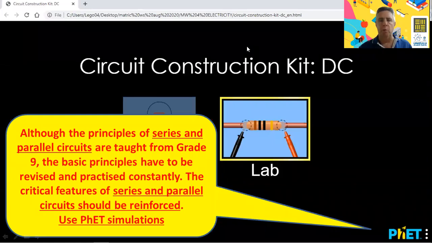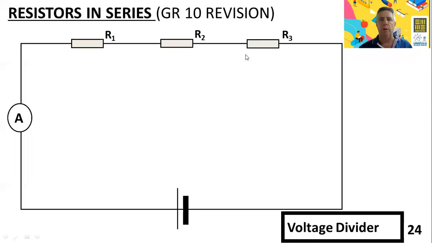So noting the importance of series and parallel circuits, let's turn in our booklets to pages 24 and 25. On those two pages, there's a summary of series and parallel circuits. Starting on page 24, a very simple series circuit, 3 resistors in series with an ammeter and a battery.